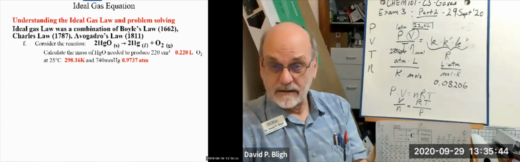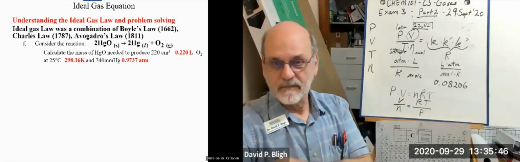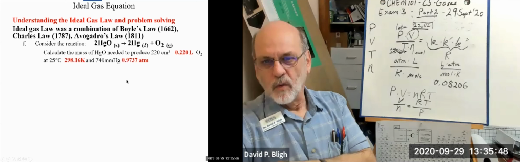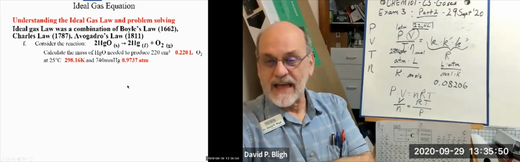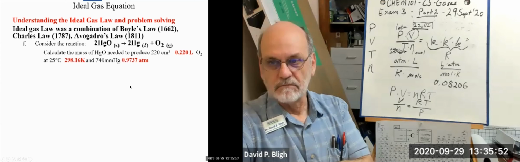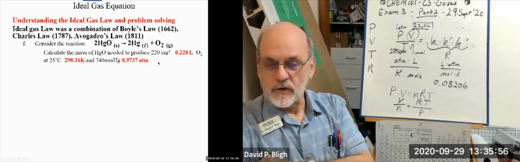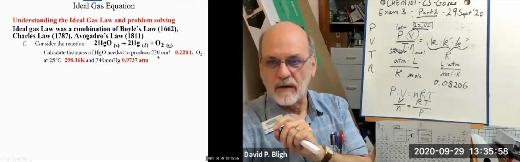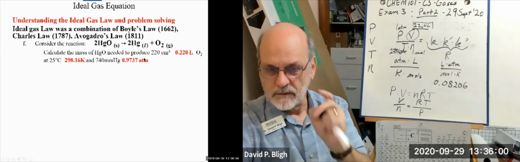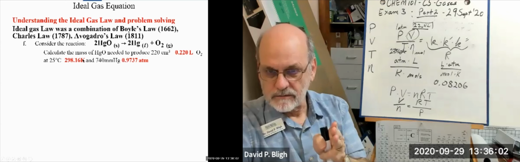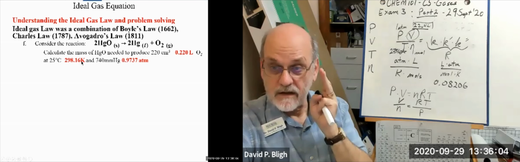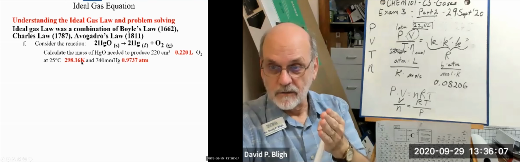Well, what does that mean? What gases do you have in that container? Only one gas, oxygen. So if you're given the conditions, volume, pressure, temperature, and the constant R, what do you have left?